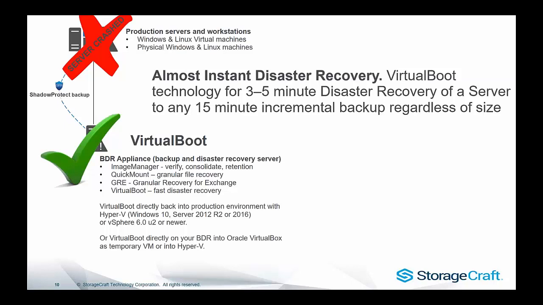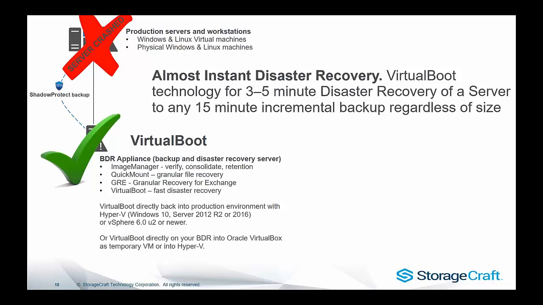Now, it doesn't matter where the backup has come from. It doesn't matter how large it is. We boot straight off the backup image. Now, you could actually, as per this diagram, boot onto the backup server as a Hyper-V or an Oracle VirtualBox temporary VM. It automatically does its hardware-independent restore. But the other really cool thing is that you don't have to have a dedicated backup server.